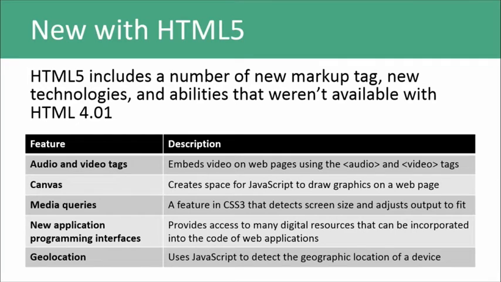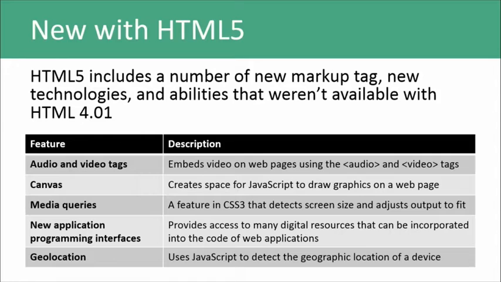Let's talk about a couple of things that are brand new with HTML5. We've got audio and video tags. We've got the canvas element, which allows us to draw graphics on the web page. We've got media queries, which detect the type of screen that we're using, so whether we're on a smartphone or a laptop or a desktop.